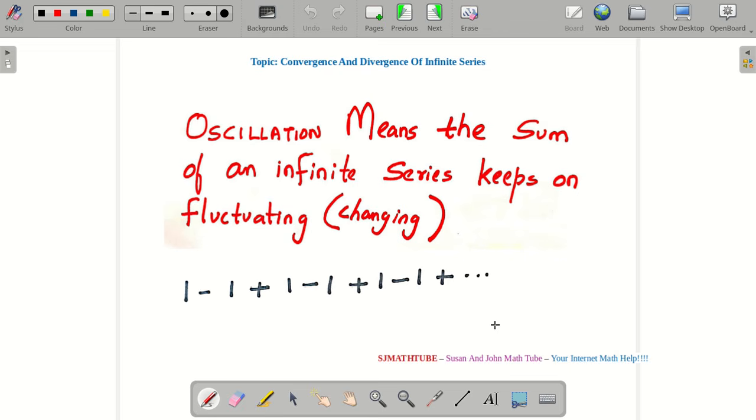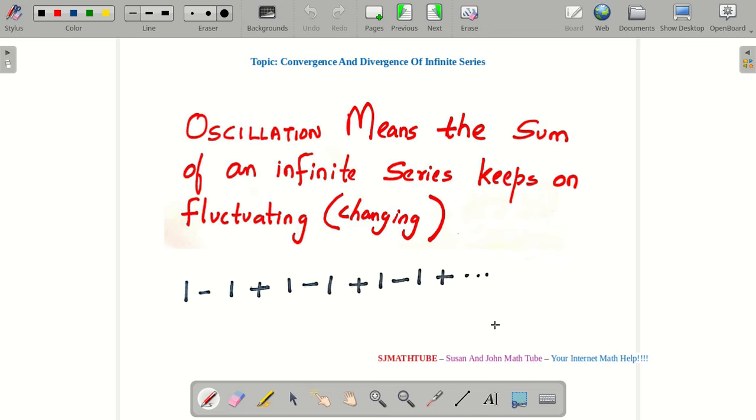Anyway, you can note one more definition: oscillation. And oscillation means you're going to end up with more than one answer. And remember one more thing, such a series will be generated only if there is a negative sign. If all the terms are positive, you'll have only two possibilities.